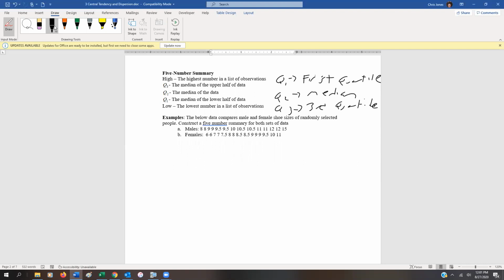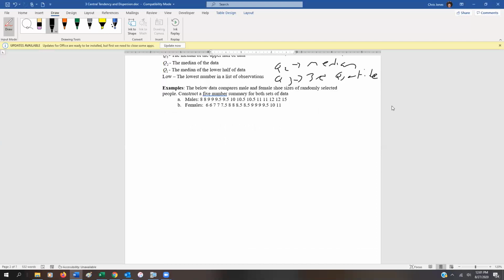It's a good benchmark to figure out, in relation to your data, what numbers make up that 50th percentile or what's above the 75th percentile, etc. Let's take a look at a couple examples of finding a 5-number summary.